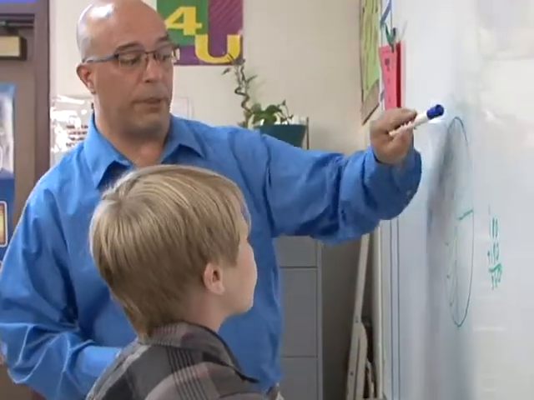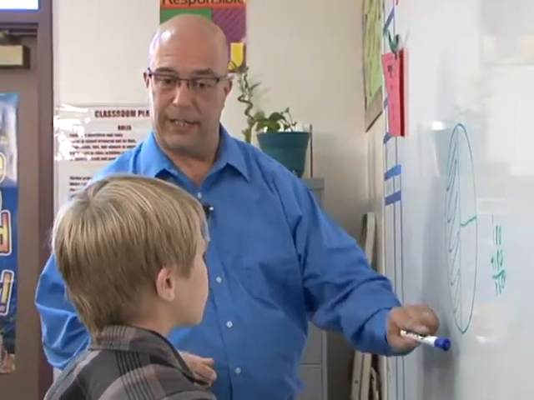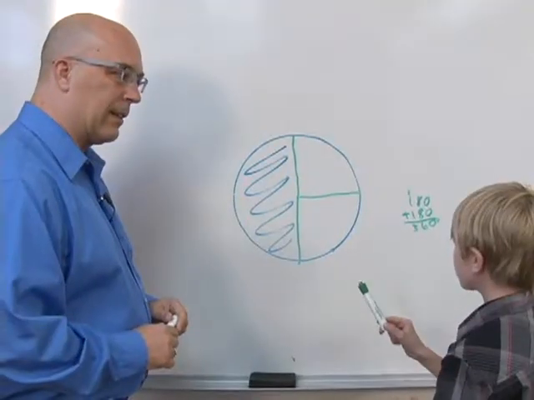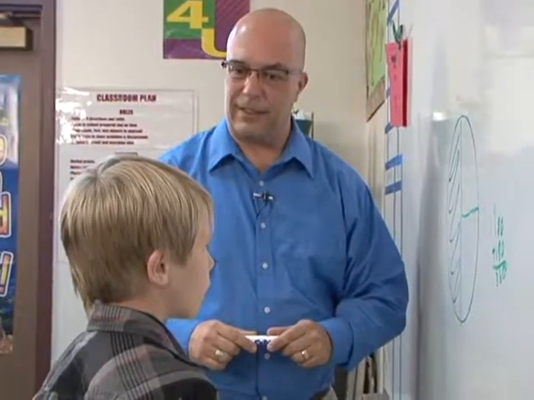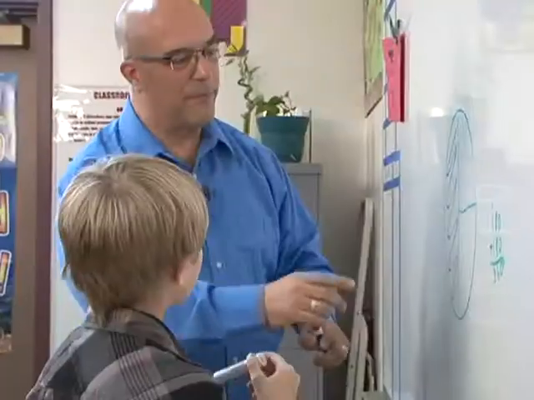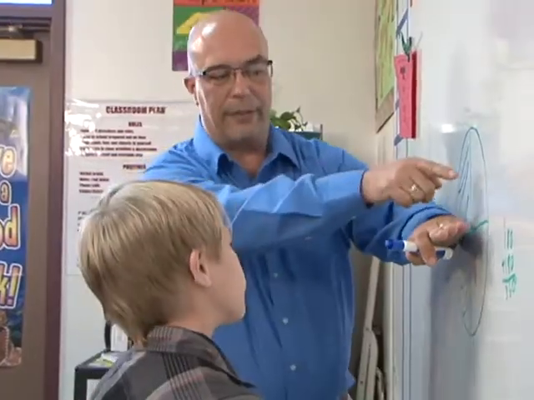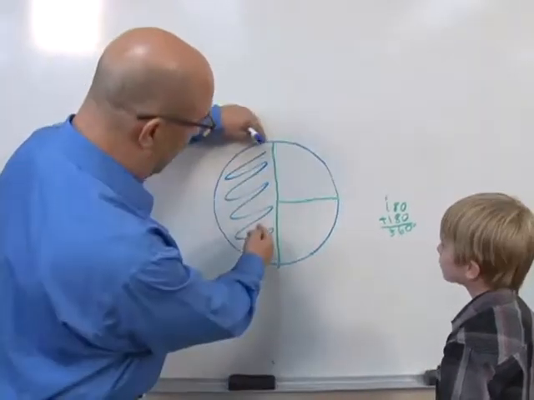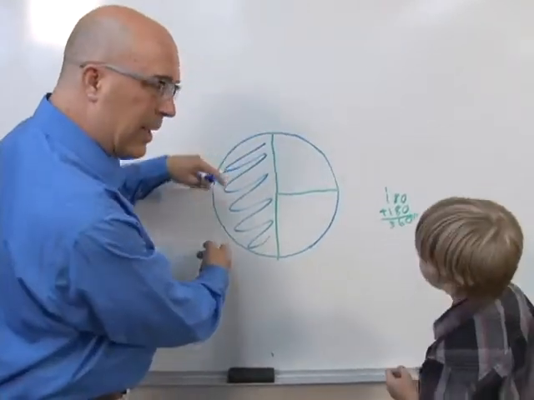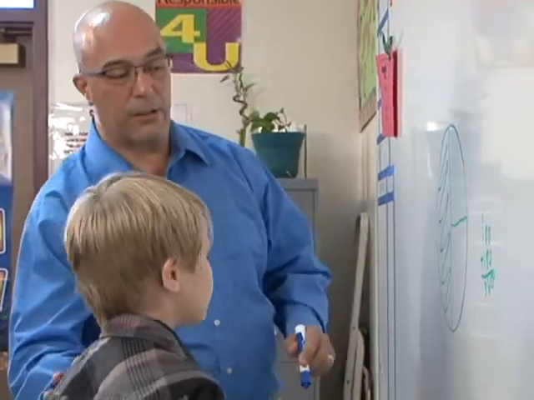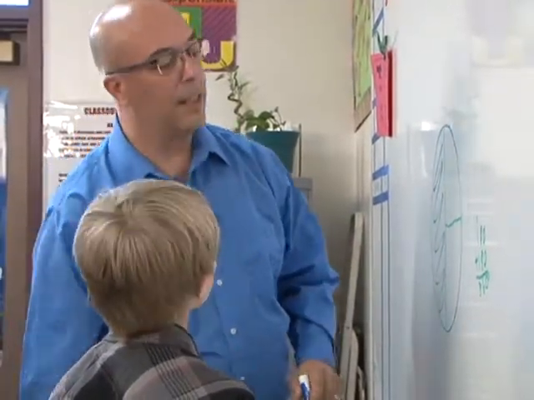Well, the whole thing would be 360, right? If we took the top half, how many would that be? 180. Here, I'm only doing half, right? Yes. So how many degrees is that? 180. Okay, now for the best question.